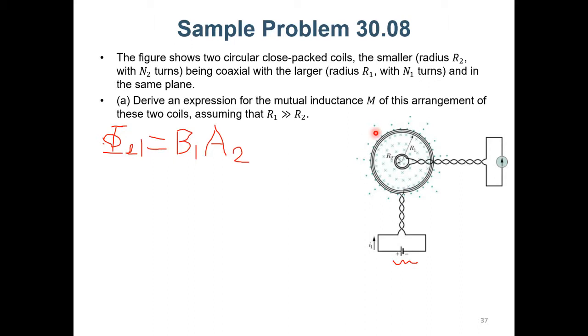And if this magnetic field is changing, the magnetic flux going through coil 2 will also be changing. So this will induce an EMF for coil 2. And here we'll have an ammeter, so that we can measure this small current going through the second loop, I mean.